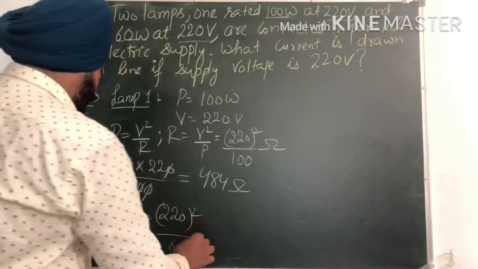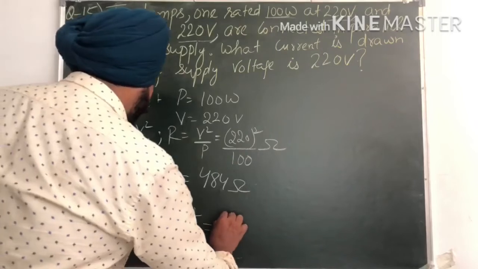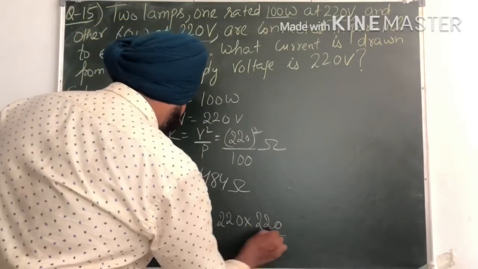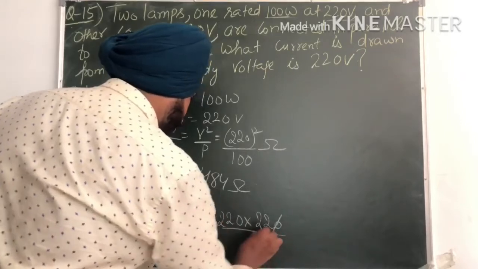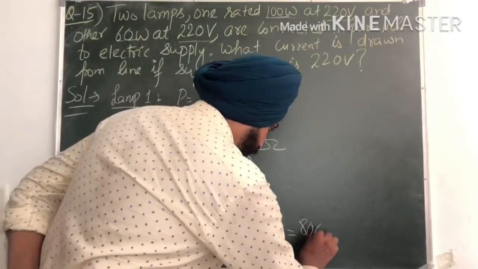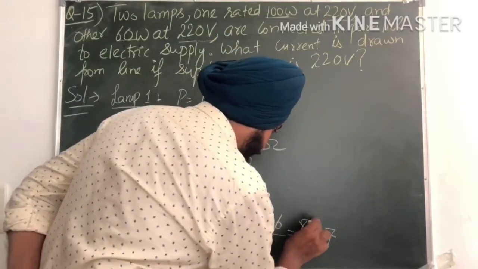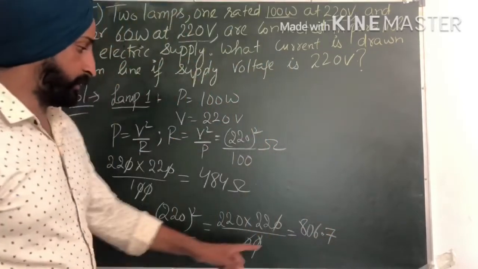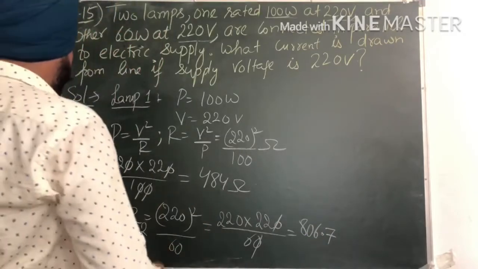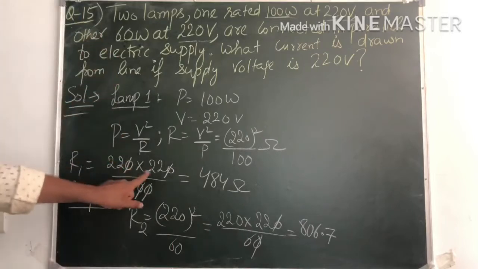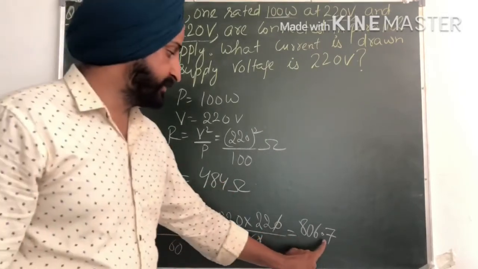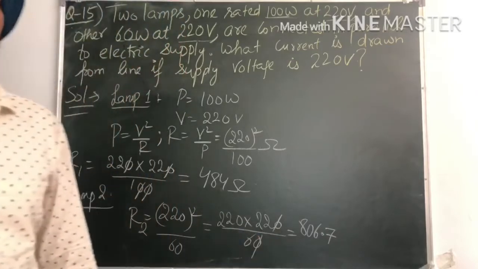So what I will be getting is 220 into 220 over 60, which is approximately equal to 806.7. Fine. So resistance of the first lamp is 484 ohm and resistance of the second lamp is 806.7 ohm.